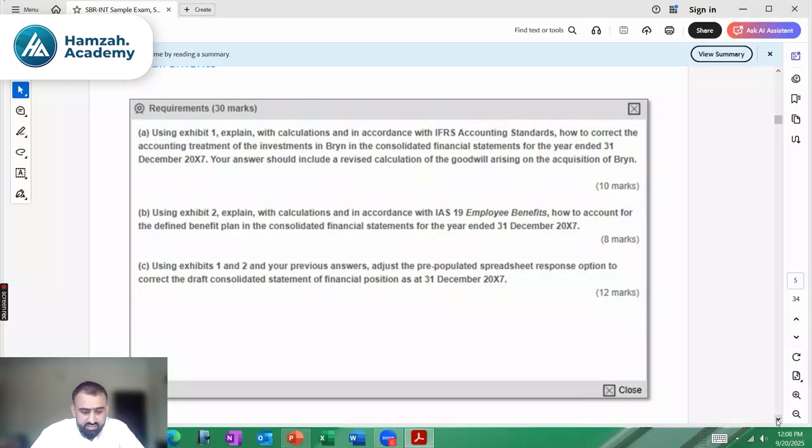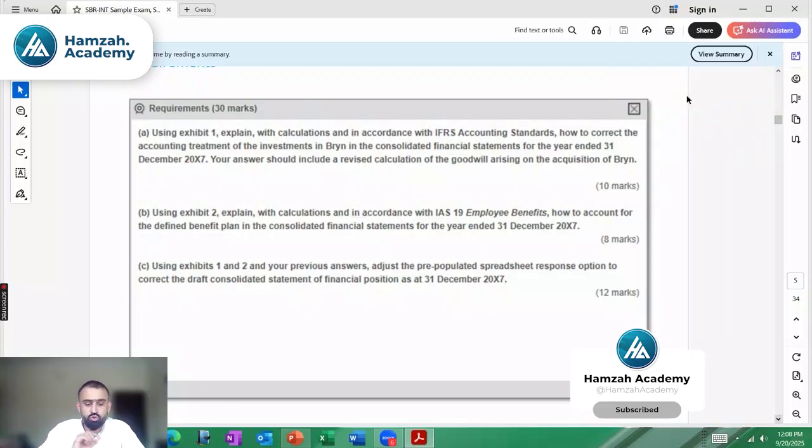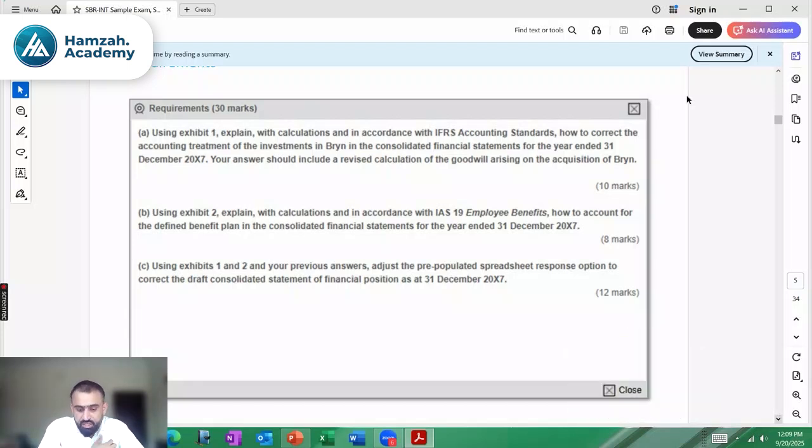The first requirement is: using exhibit 1, explain with calculation and in accordance with the IFRS accounting standard how to correct the accounting treatment of the investment in B company, Bryn company, in the consolidated financial statements for the year ended 31st December X7. Your answer should include the revised calculation of the goodwill arising on the acquisition of Bryn company.